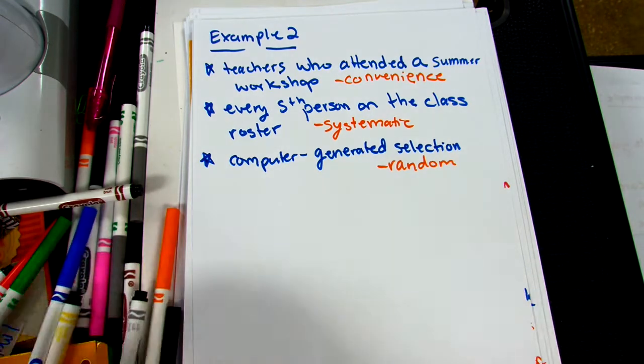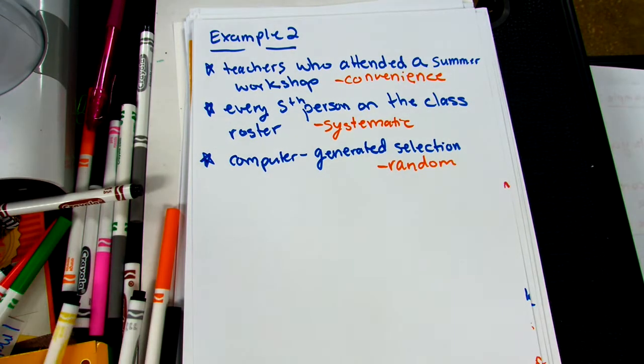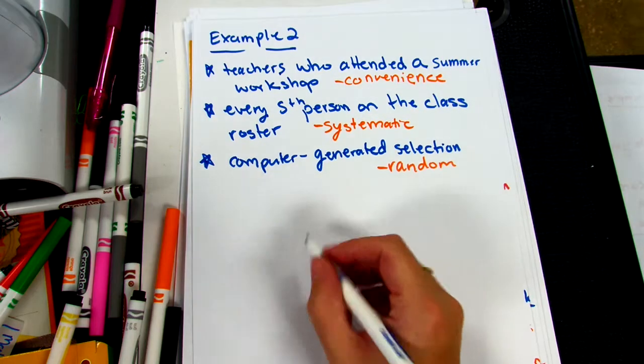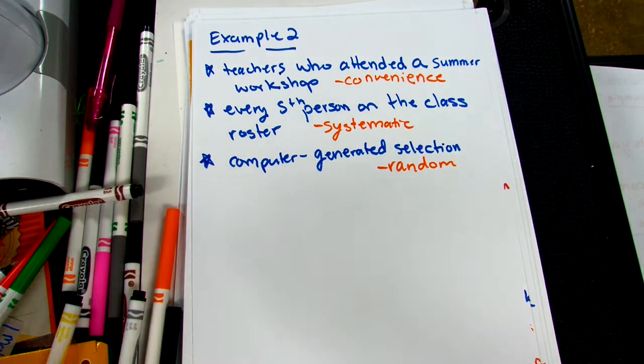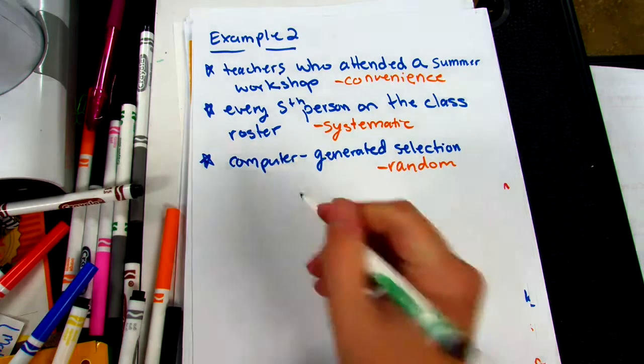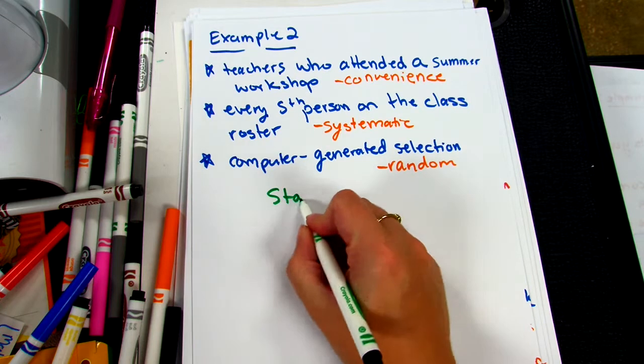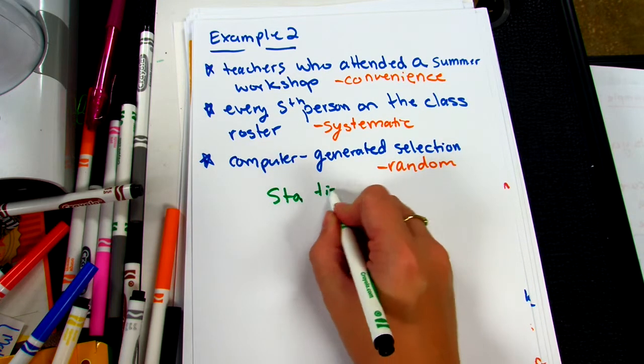All right, let's move on. What I want to talk to y'all now is a new definition. We're going to talk about some statistical measures. All right, statistical measures. And some of these you probably already know, but we're going to go over them again.